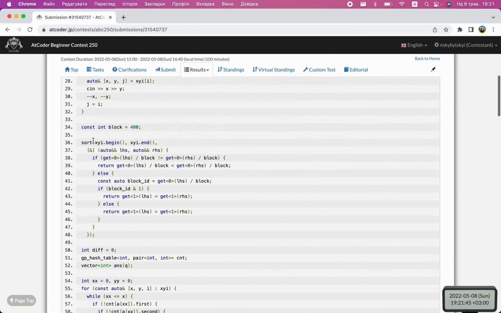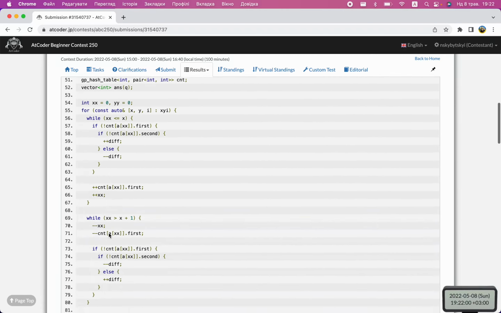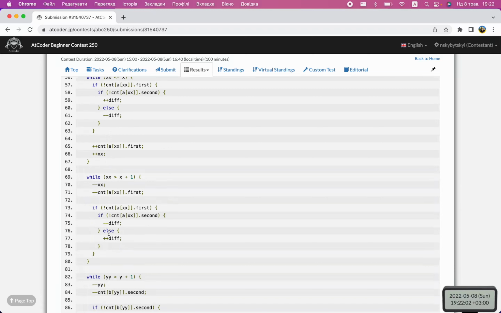If you sort queries appropriately, that is grouped by block, and then, well, okay, I'm gonna tell you what. If you know Mo's algorithm, then you should understand how it works. Otherwise, it's probably not necessary to learn it now.